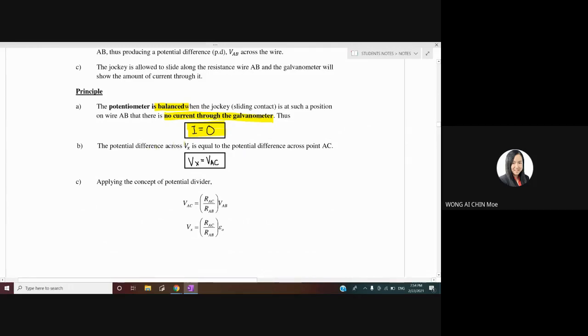The potential difference across Vx is equal to the potential difference across the length AC, because it is at the equilibrium position.